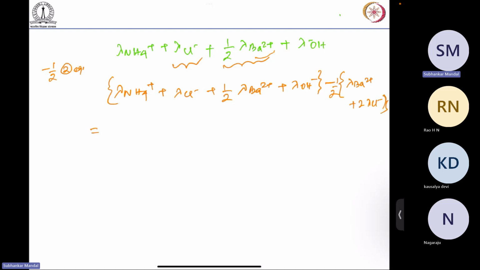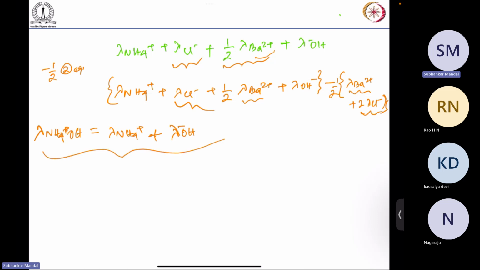Okay, then lambda NH4 plus, these things and these things will be cut out, and these things will be cut out, so it will be only lambda OH minus. Okay, so this is your lambda NH4 OH.